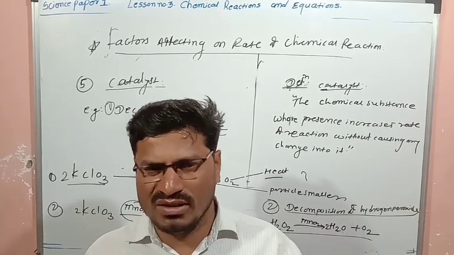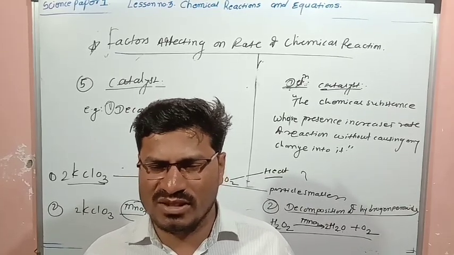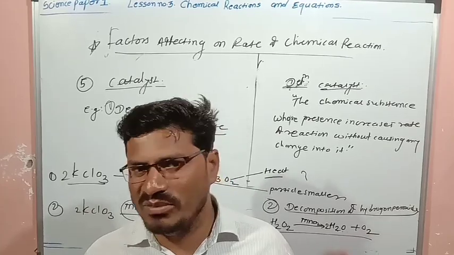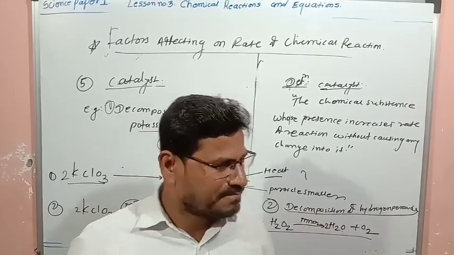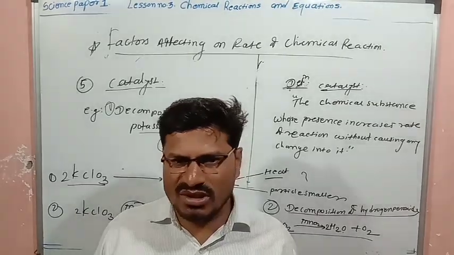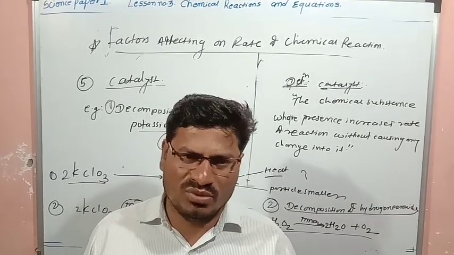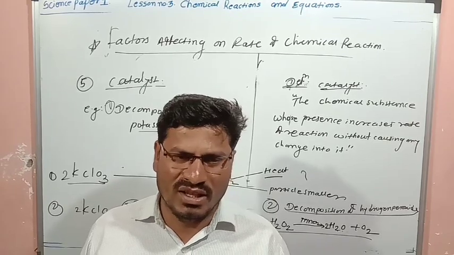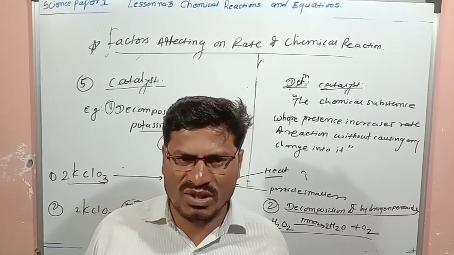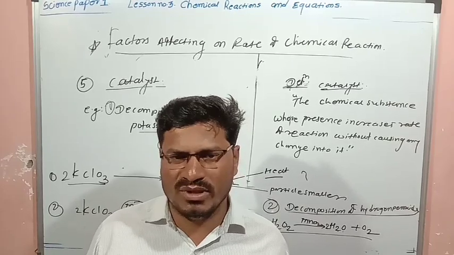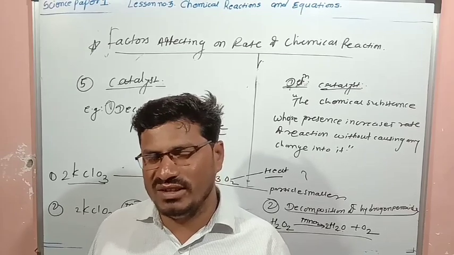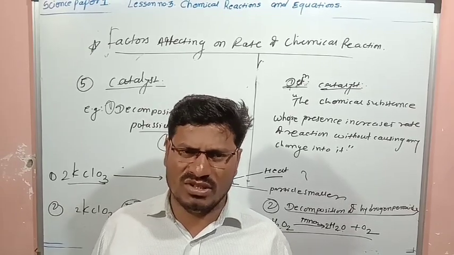And the catalyst is a substance which does not take part in the chemical reaction but increases the rate of the chemical reaction. In that we have studied two examples: decomposition of potassium chlorate, KClO3, at normal temperature, where even if the particle size decreases the rate of reaction will not increase, but if you use MnO2, manganese dioxide catalyst, then the rate of the chemical reaction will increase.